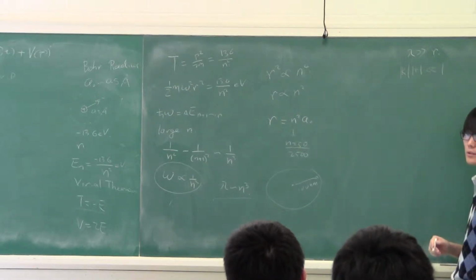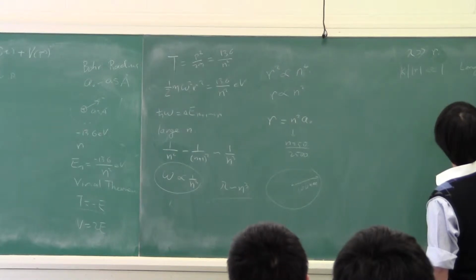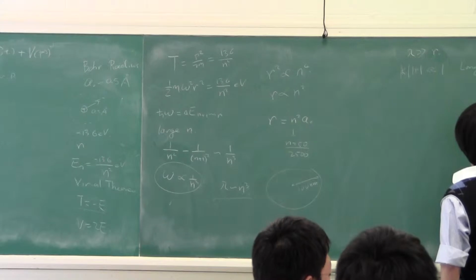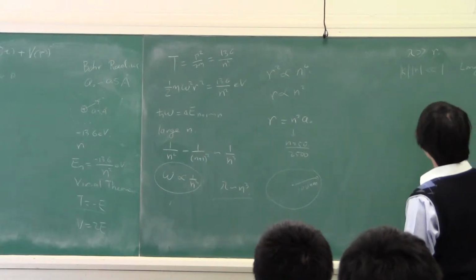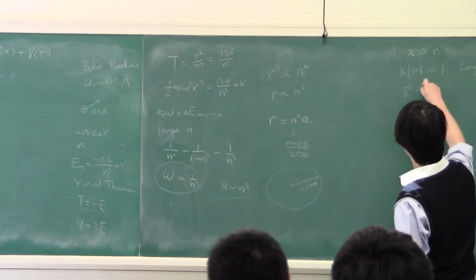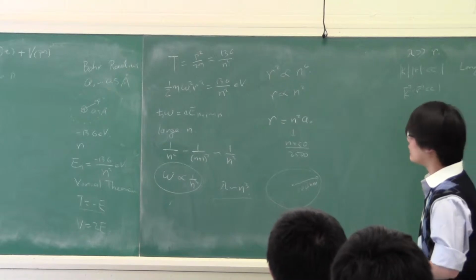So this is the long wavelength approximation. K times R, like K dot R, is much less than 1 because they're only going to differ by a factor that's about 1.